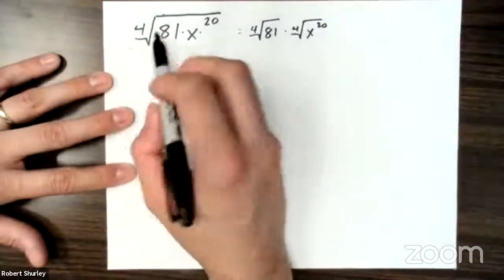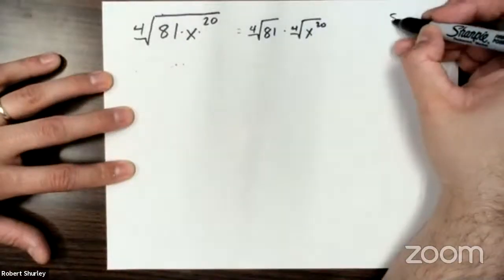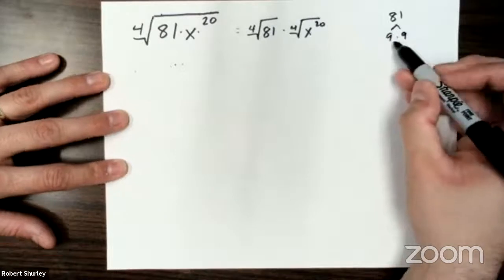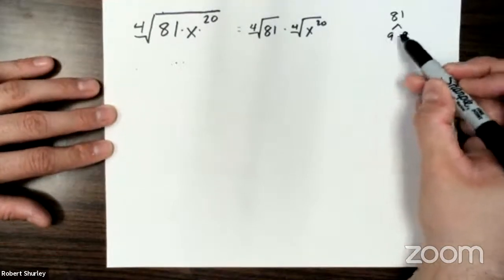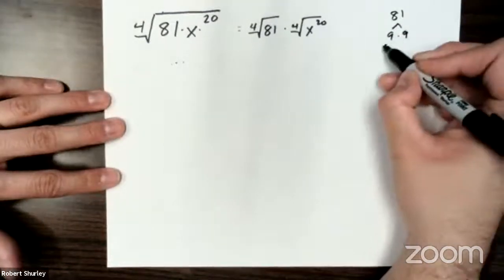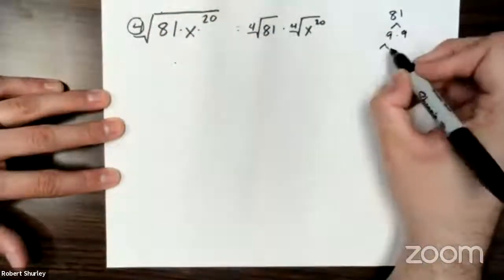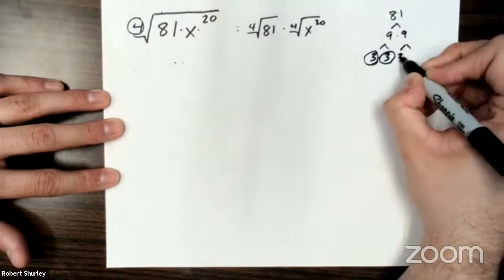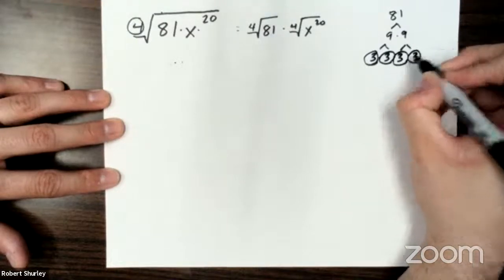But it doesn't matter. So the fourth root of 81, we put 81 here. I know 81 is 9 times 9, which is great. Look, that would be the square root of 81, right? Because they're both 9s and they match. But we're looking for the fourth root, and both of these 9s can go down to 3s. So check that out.